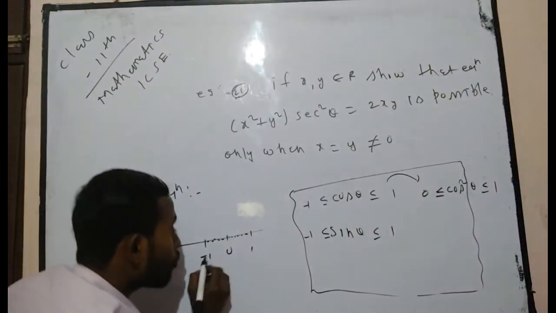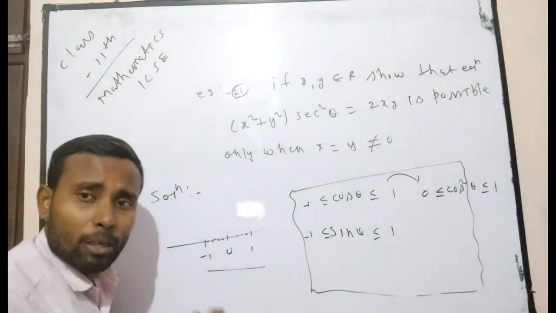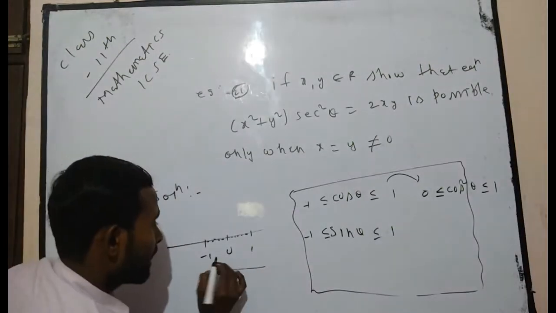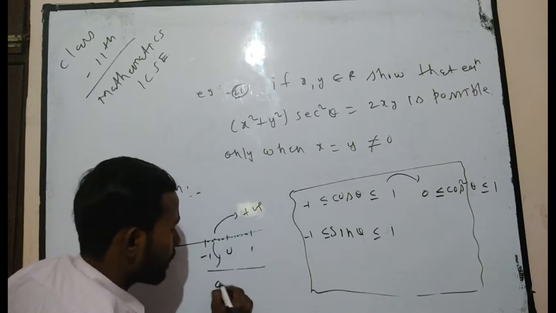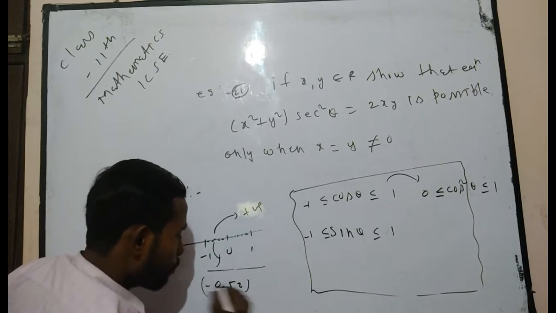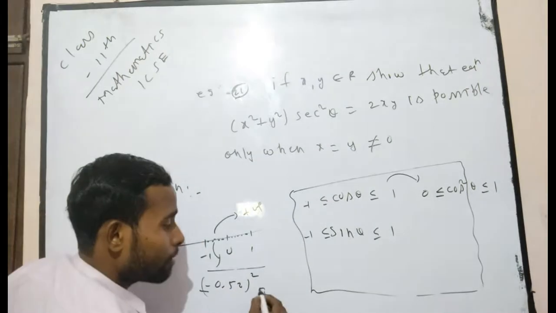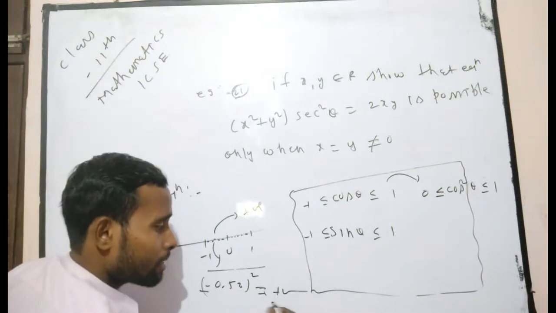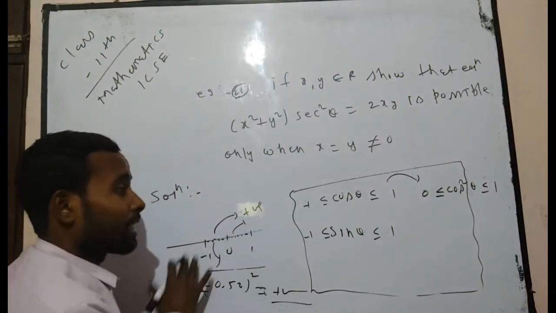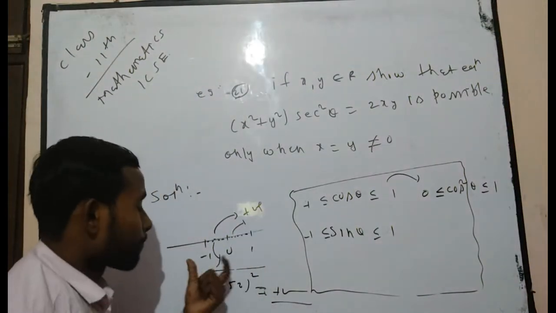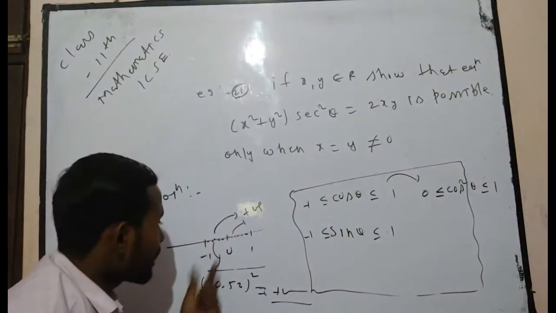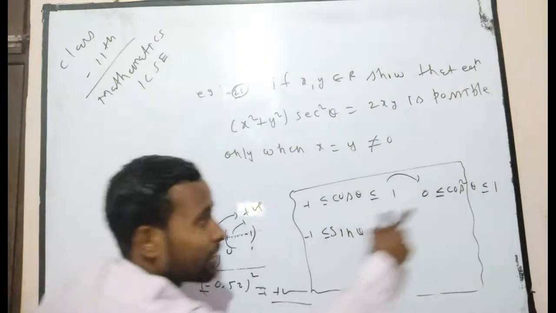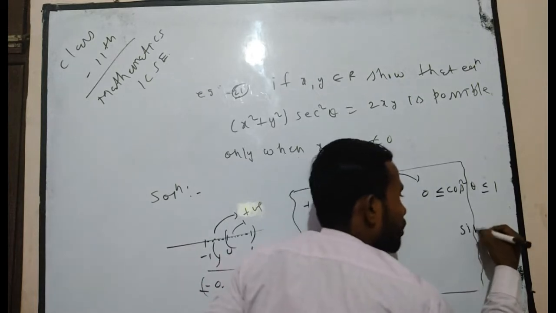But if you square, what will happen? You always get a positive number, because if you take, suppose, minus 0.52 and square it, negative times negative is positive. Similarly, if cos theta lies between minus 1 and 1, then its square lies between 0 and 1. Similarly, sin square theta also.